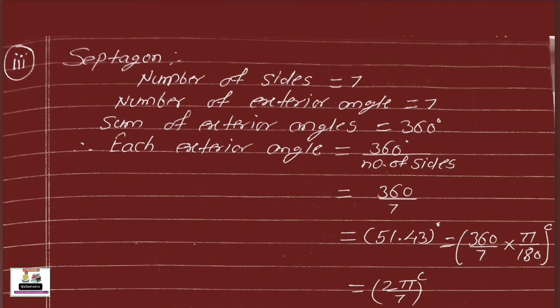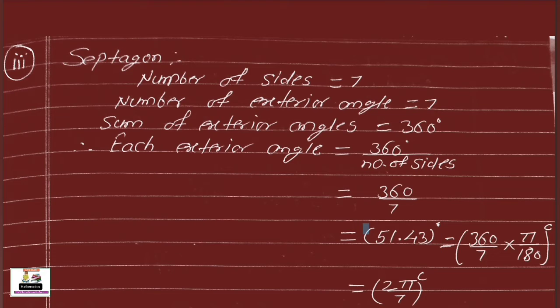Similarly, heptagon means 7 sides. Correction: this word, heptagon or septagon, is another word. Number of sides 7, number of exterior angles 7, sum of exterior angles 360. Since each exterior angle is 360 upon the number of sides, put the number of sides, then we get after calculation 51.43 degrees.